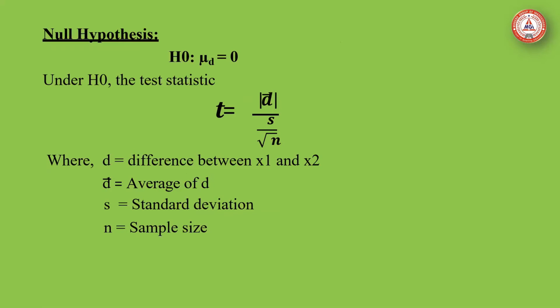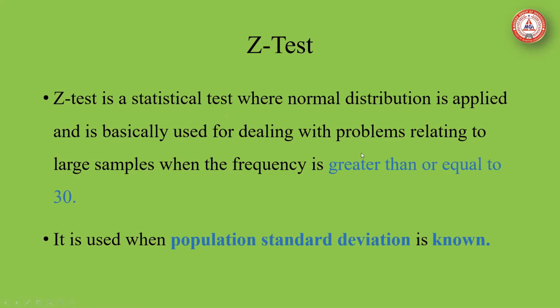Then according to this, paired t-test, null hypothesis mu D is equal to 0. Student t-test where d bar is the average of d, and d is the difference of x1 and x2, and S is the standard deviation and n is the sample size.